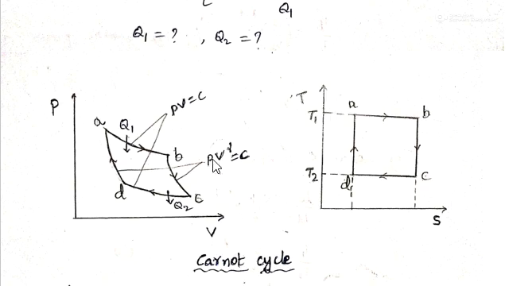Because A to B and C to D are isothermal processes, the temperature is the same from initial stage to final stage. That means A and B temperature is the same.